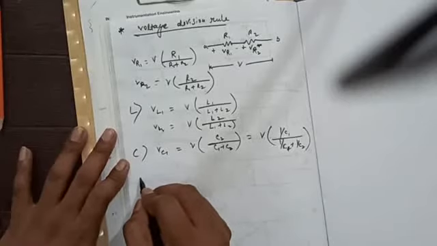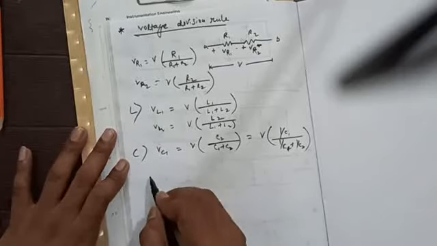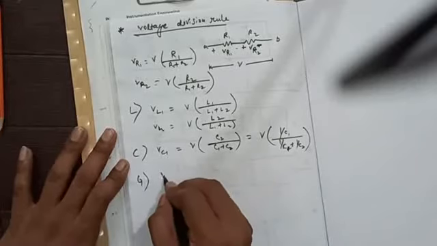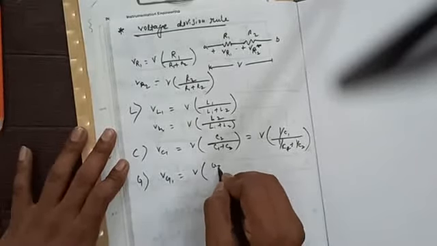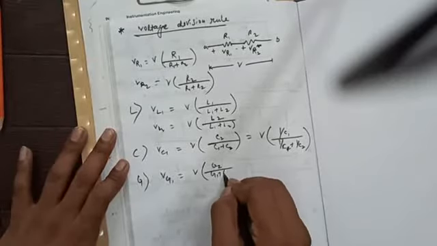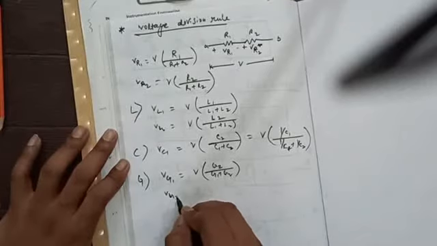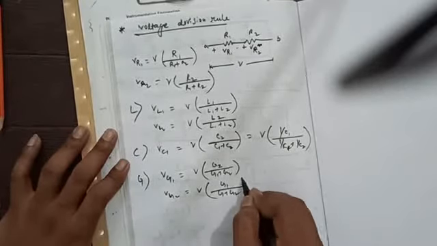Right? R, L and C. Similarly, in case of G, that is conductance, the reciprocal of resistance, VG1 is equal to the net voltage times the opposite, divided by the sum, and VG2 is equal to the net voltage times the opposite, divided by the sum.